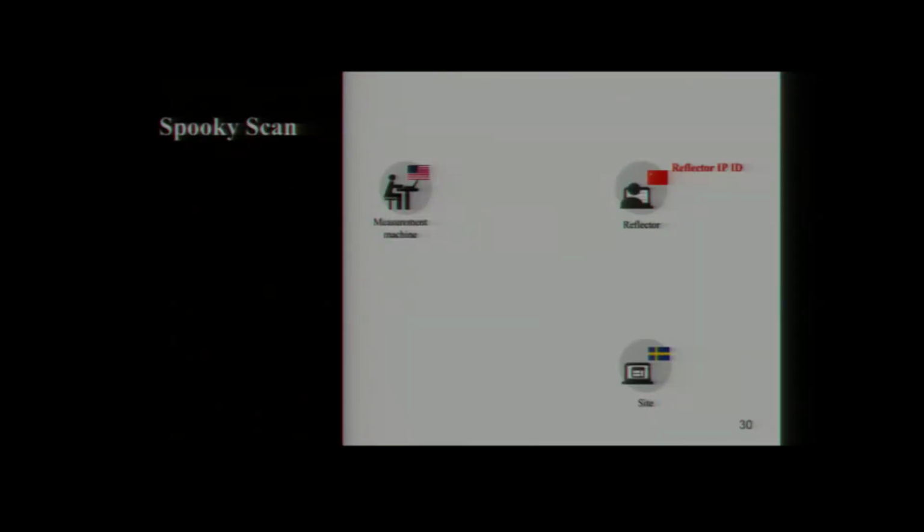So this is how Spooky Scan works. I start the scan by sending a SYNACK packet to my user or reflector. It didn't previously send a SYN, so it's an out-of-the-blue SYNACK. Following the protocol, it's going to send me a reset back. And in that reset packet, it's going to reveal to me the current value of that IP ID variable. So I learn that, OK, right now it's 7,000.